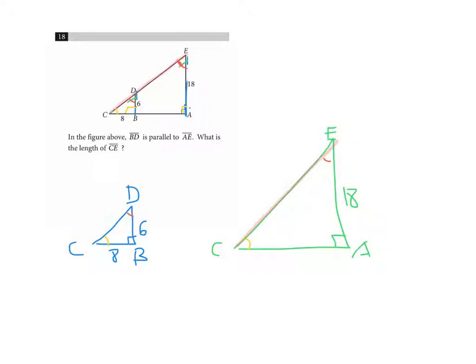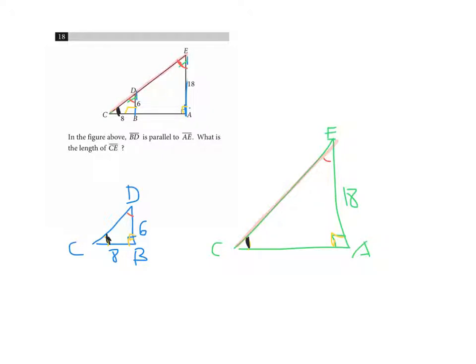So since it's yellow in the above diagram, we'll make it yellow here, and actually we'll make this black. That's black, and that's black. So this angle is equal to that angle, this angle is equal to that angle, this angle is equal to that angle. So I'll tell you what, these are definitely similar, because the angles are the same.